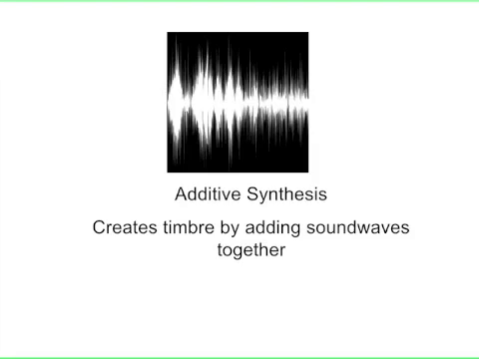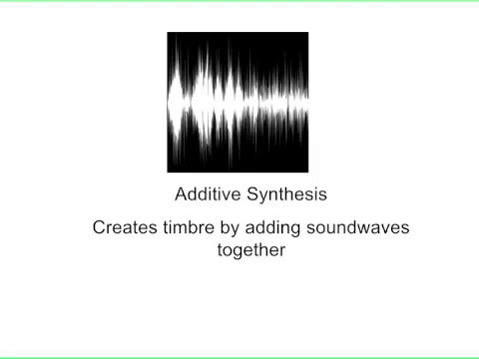Additive synthesis creates timbre, and we've heard about timbre in last week's webinar, where we discussed timbre being essentially the combination of tones and overtones that produce the unique sound of an instrument. In other words, the note E played on a guitar sounds different from the note E played on the piano. Even though these are the exact same notes, the timbre differs.